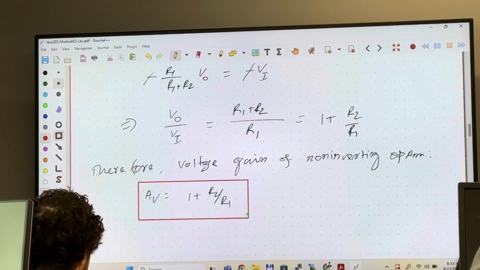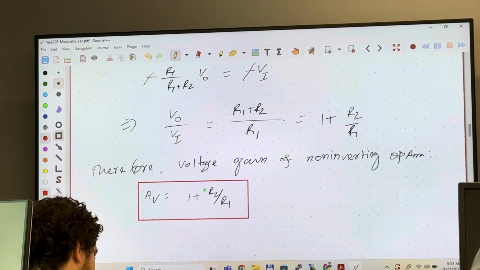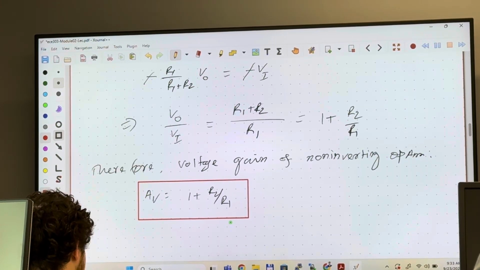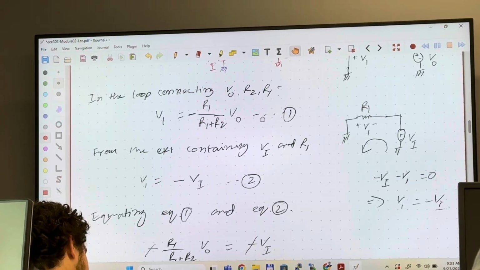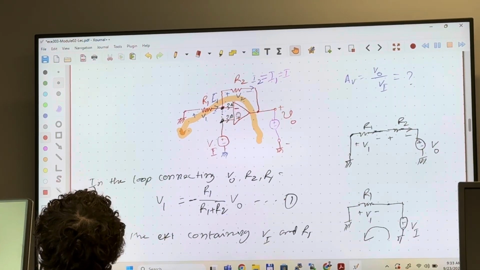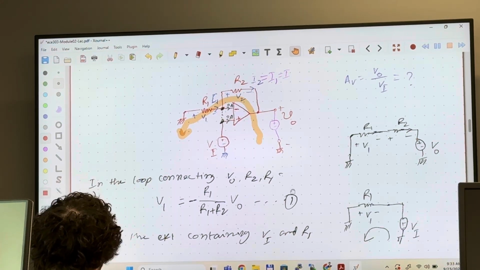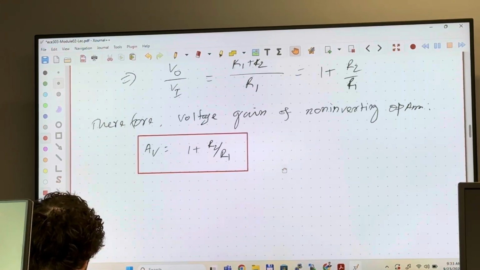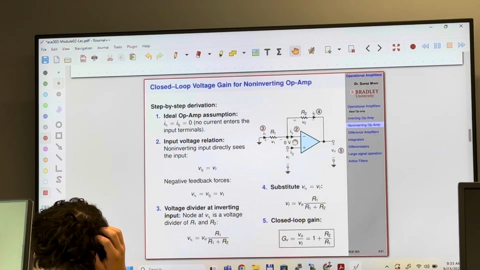Okay, I got this voltage gain this way. So we actually analyzed the circuit completely from scratch, and I showed you how to assume. I have a little bit different way of solving the circuit to find the same gain.